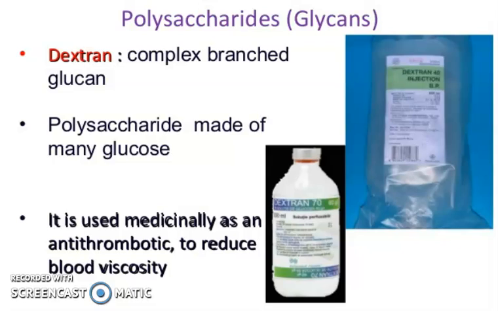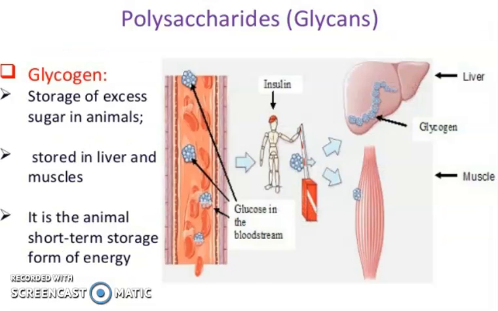Now for polysaccharides. Dextrin is a complex branched glucan, a polysaccharide made up of many glucose units. It is used medicinally as an antithrombotic to reduce blood viscosity. Now, glycogen is the storage of excess sugar in animals, stored in liver and muscles.